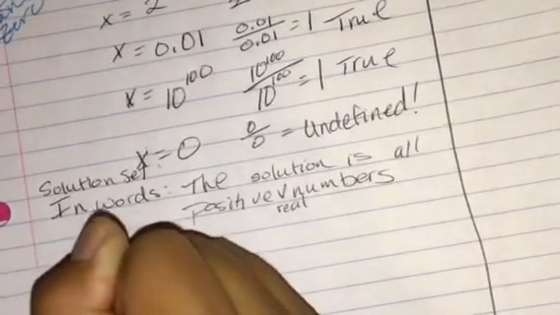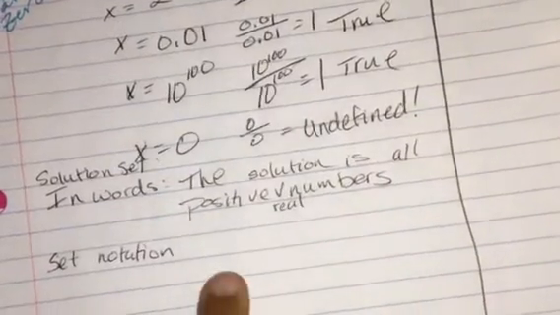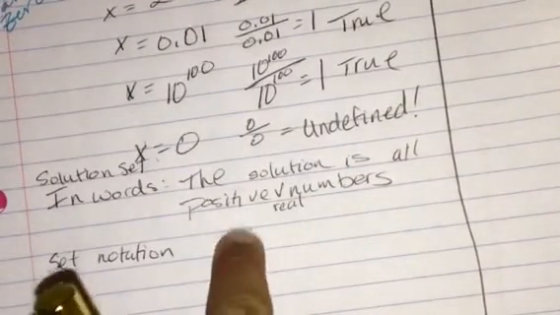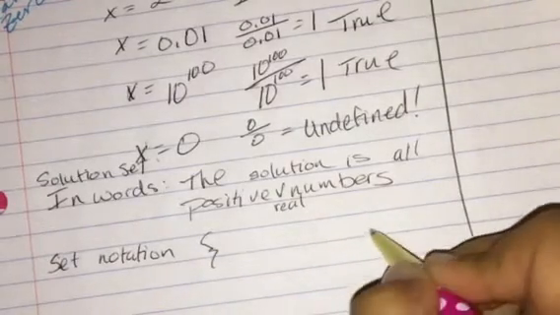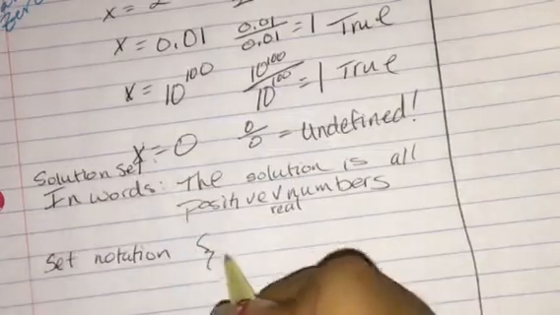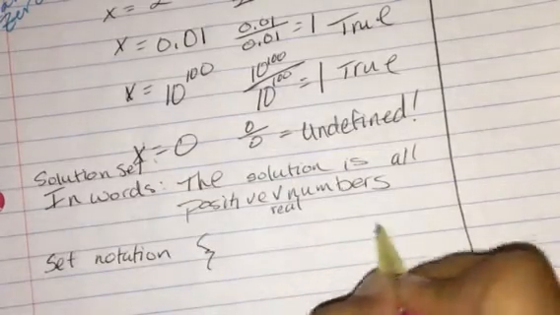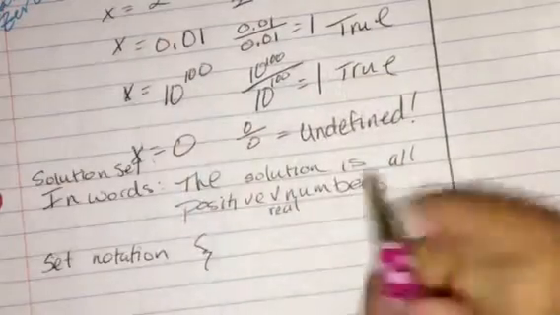For set notation, it's really hard to write every single real number if we write it all over here. We can't write 1, 2, 3, 4, 5, 6, 7, 8, 9, 100, 101. We can't just write all that in there. So there are shorthand ways that we can do this.